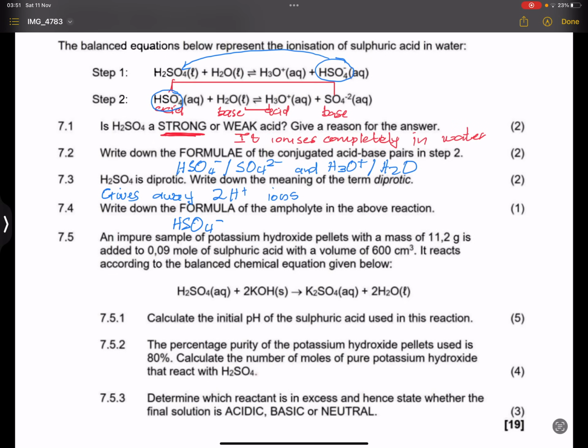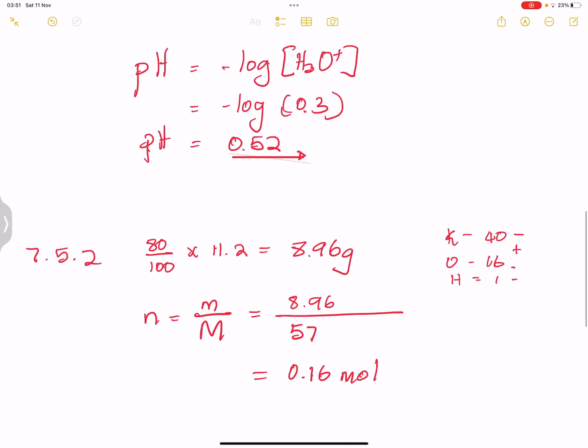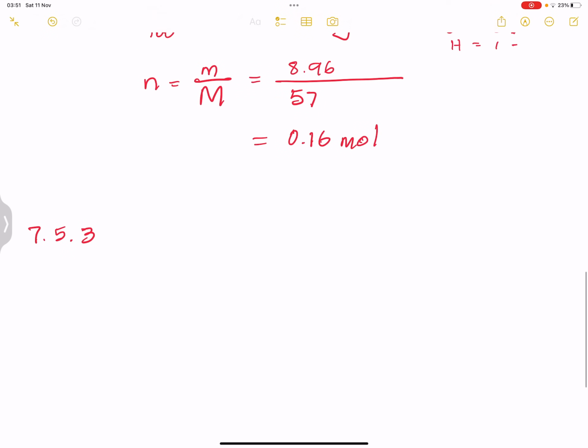Now I want you to note the number of moles of acid were 0.09. What I'm going to do is assume we used up all our acid, let's say we used all the 0.09 moles. How much potassium hydroxide were we going to need? The reaction is, for every 1 mole of H2SO4, you need 2 of potassium hydroxide.